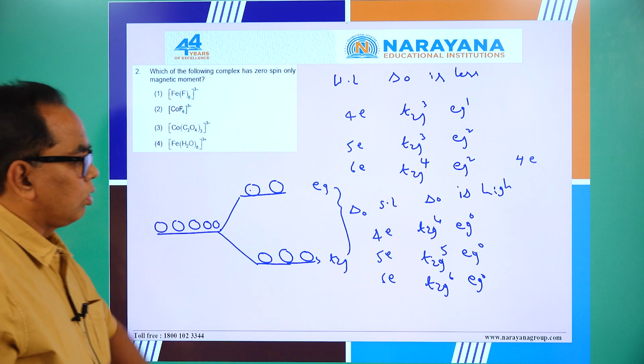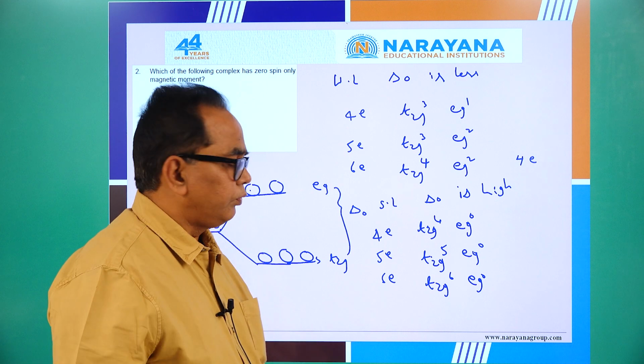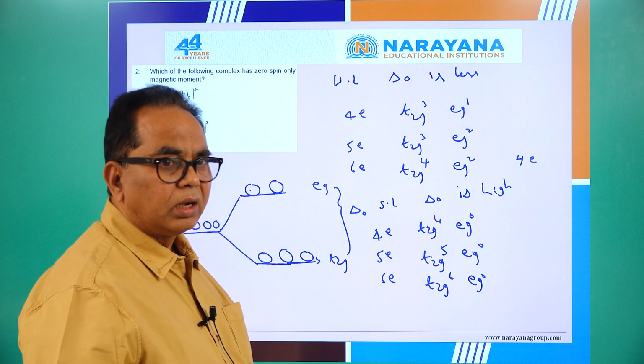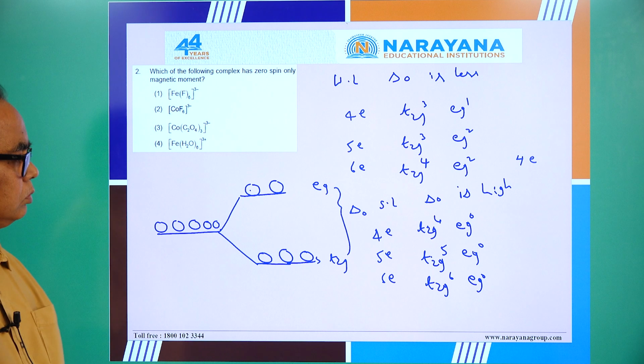If there are 6 electrons, there is no chance of an unpaired electron, so the magnetic moment will be 0.